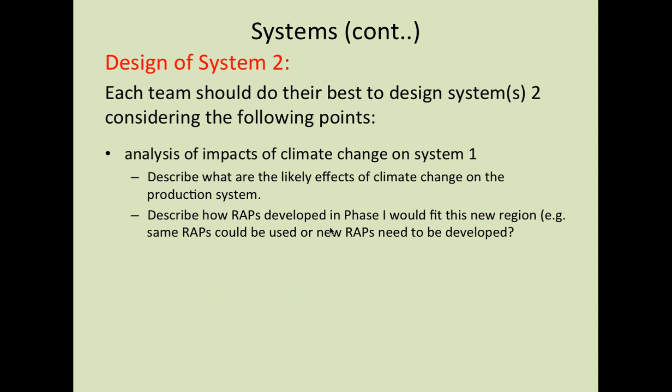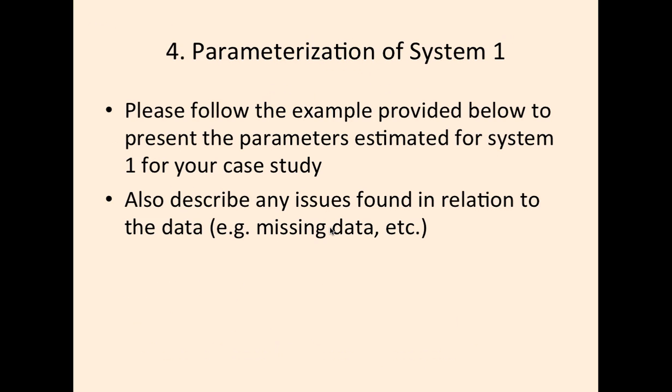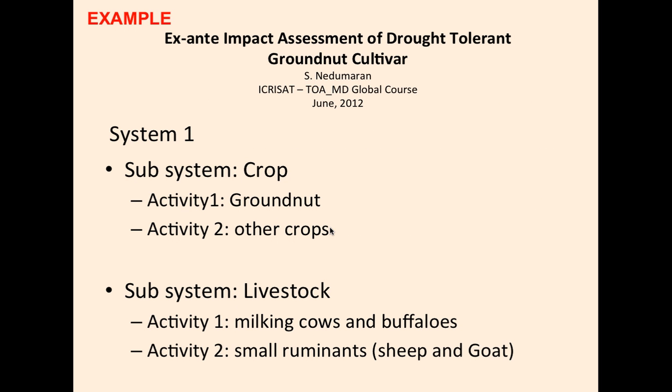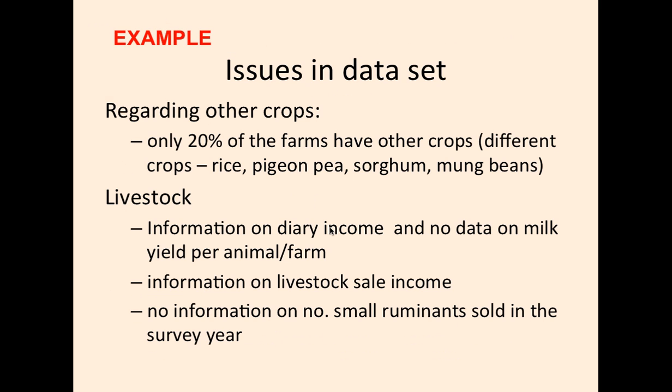Some of this for system 2 are probably things that you'll have to be discussing with your teams in terms of, for example, when we're talking about adaptations in particular. And the types of indicator variables that you'll want to be using.